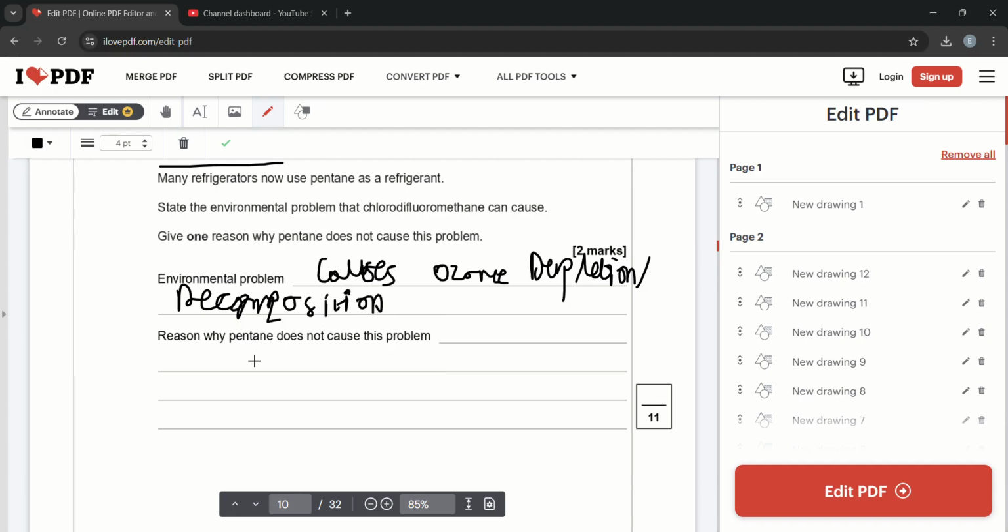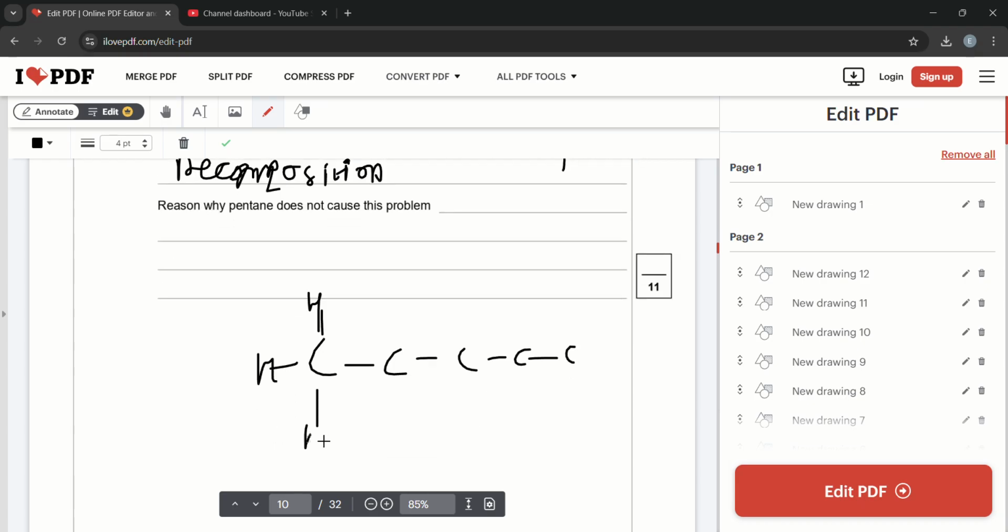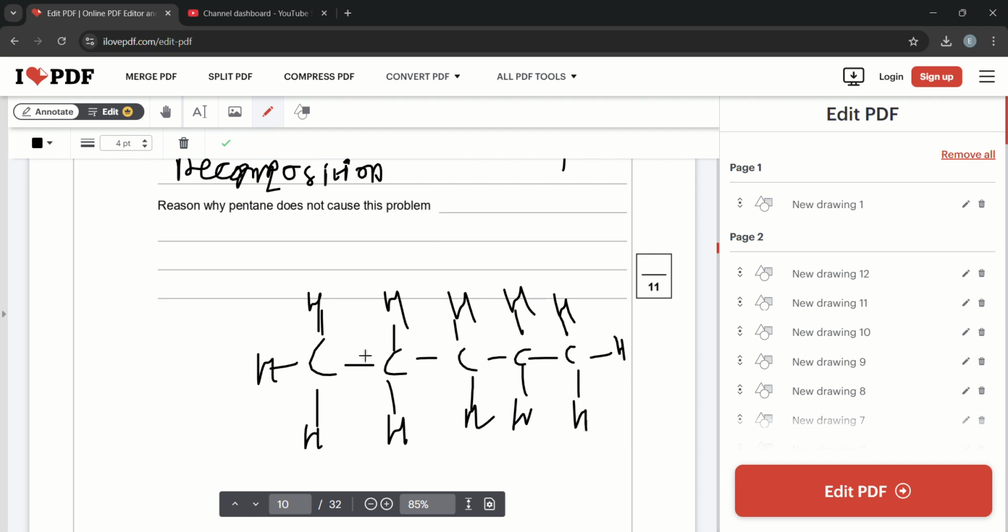And the reason why pentane does not cause a problem, if you look at pentane, what's pentane? Methane, ethane, propane, butane, pentane, C5H10, right? How many carbons? 5. Not C5H10, C5H12.